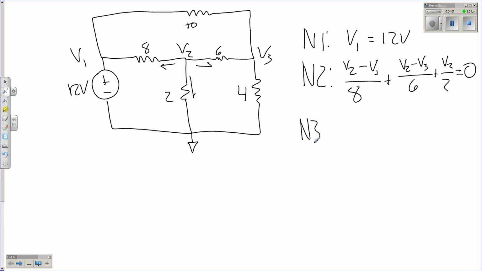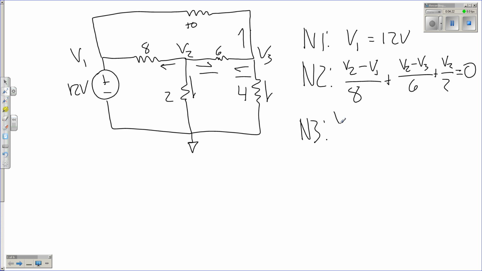How about for node 3? Well, we have a current here, we have a current here, we have a current there. Now, even though these two currents here look like they're flowing in opposite directions, as long as I'm consistent about the way I set up these equations, the math will hold.